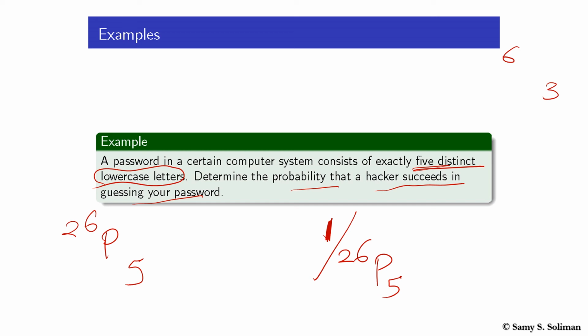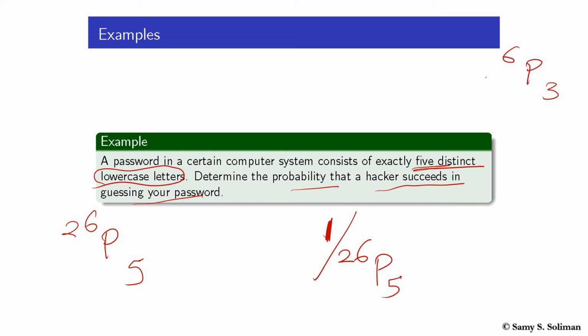However, will the order of those 3 make a difference? Is 1, then 2, then 3 counted the same as 3, then 2, then 1? No, they are 2 different permutations. They are 2 different possibilities. So we calculate the number of possible ways to have 3 distinct faces out of 6 as 6P3.